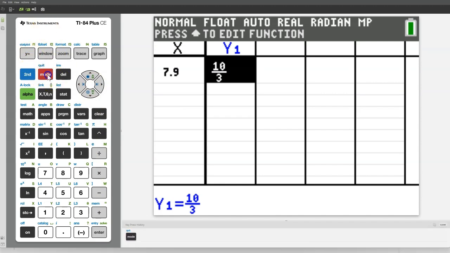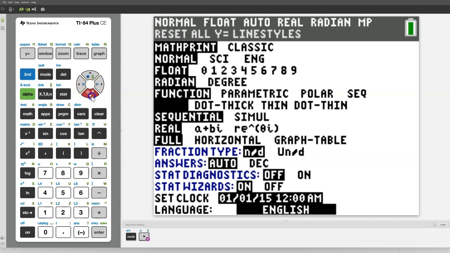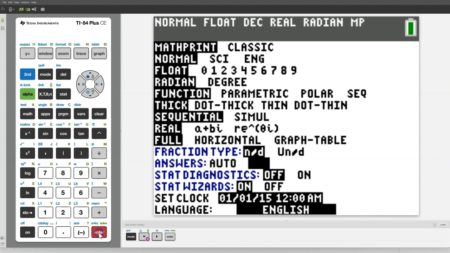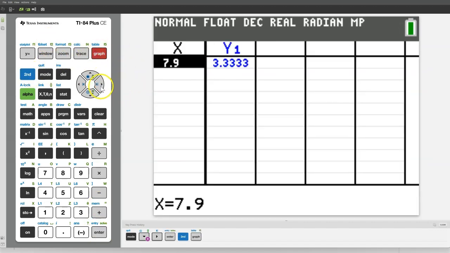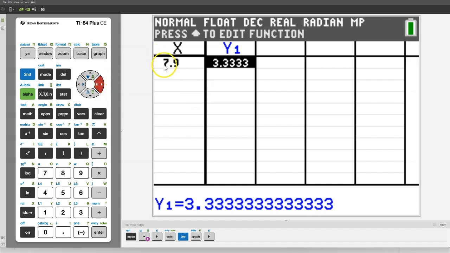All right, so I'm going to go to mode, and then I want my answer in this scenario to appear as a decimal. So let's see if that will work for us. Awesome. Okay, so now when we go to 7.9, which we calculated earlier, we get the y value, which in this case represents the slope, is 3.3 repeating.